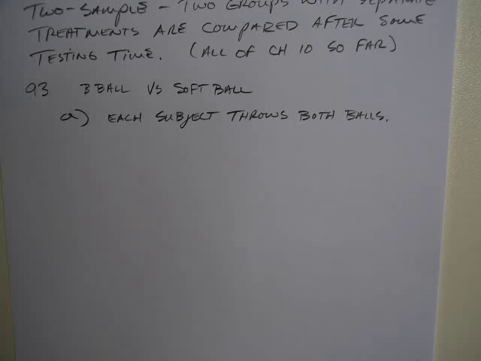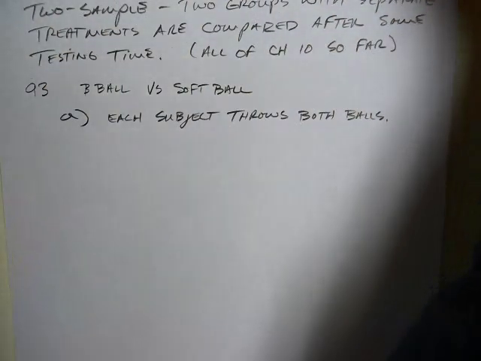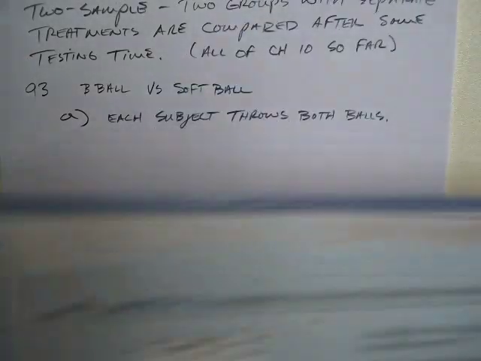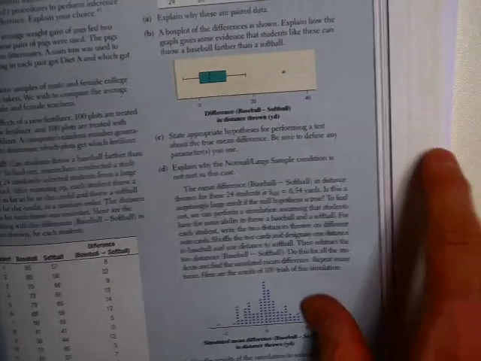And it says a box plot of the differences is shown. Explain how the graph gives some evidence that students like these can throw a baseball farther than a softball. So here's our graph right here.